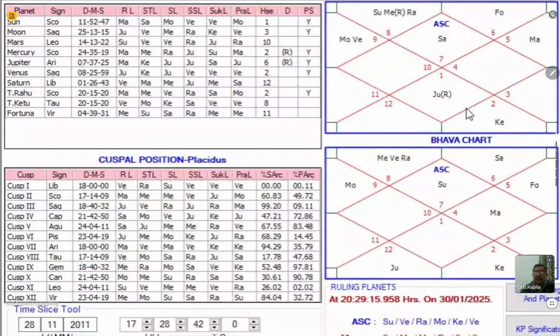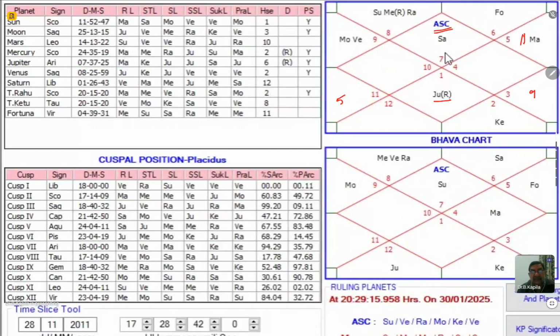What is important is that, as I have pointed out in my earlier lecture also, whenever Jupiter is in the ninth house, the fifth house, the 11th house, or in the Lagna, it ensures that the lady must have conceived.